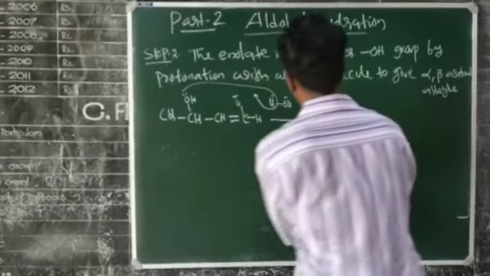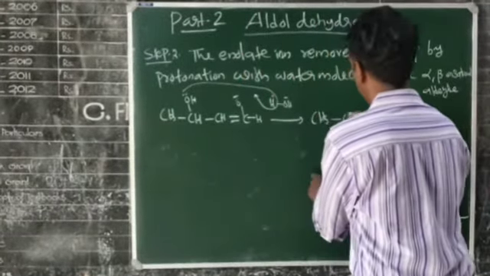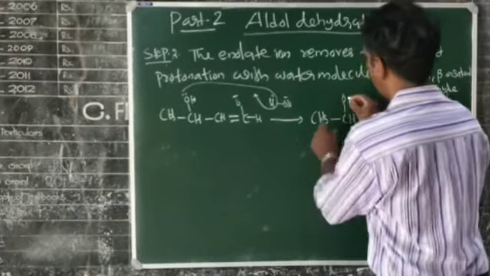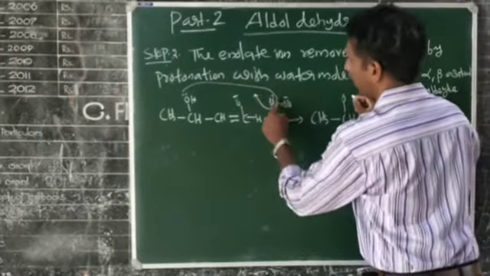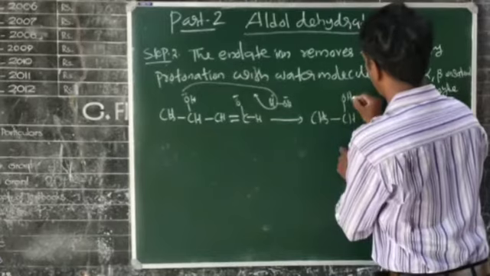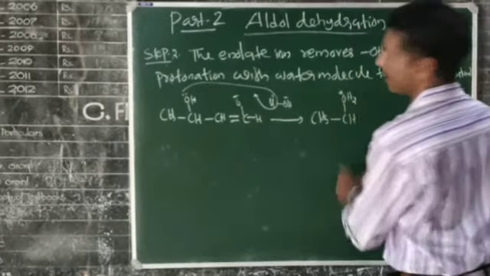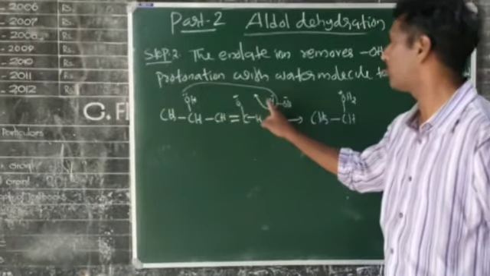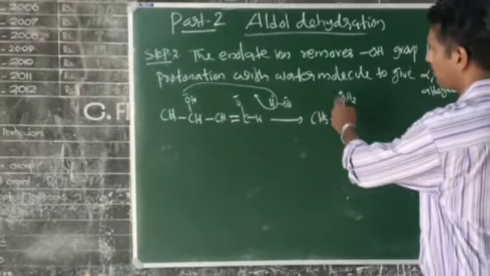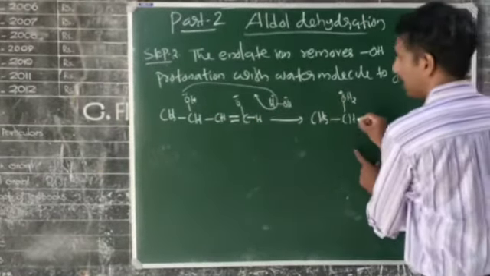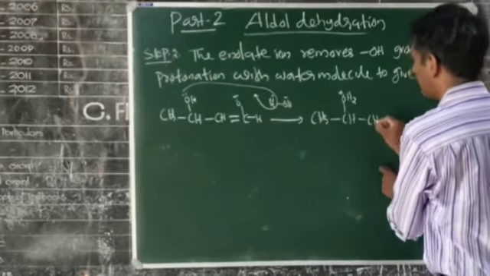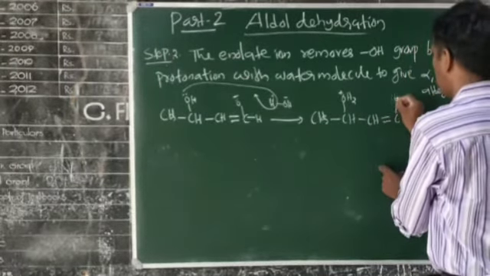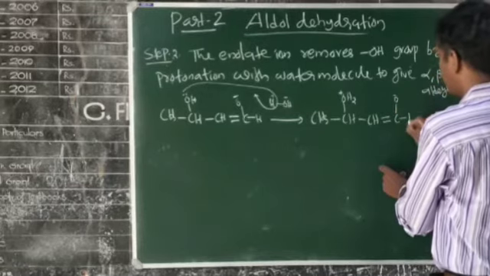We get CH3, CH, OH and one more H, so it will become OH2, and of course oxygen will get a positive charge. Why is it getting a positive charge? This pair of electrons is donated to H plus to make a bond. So here it will become OH2, and I am continuing. Here it is CH double bond C=O minus, and here it will become H.